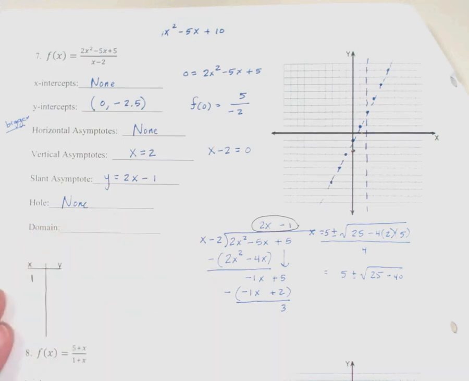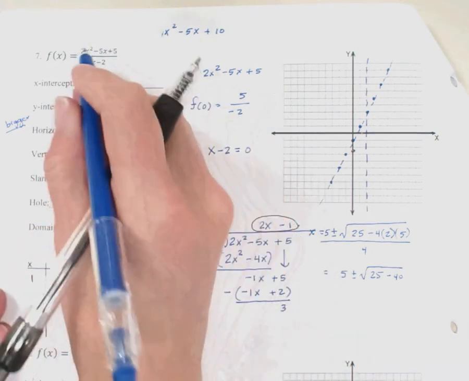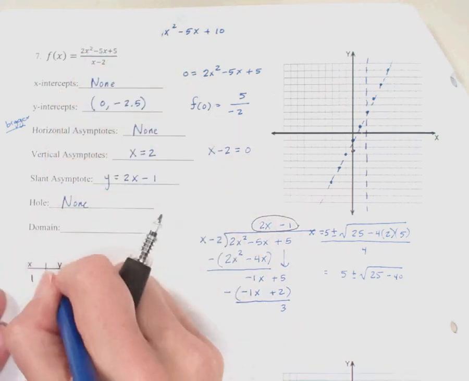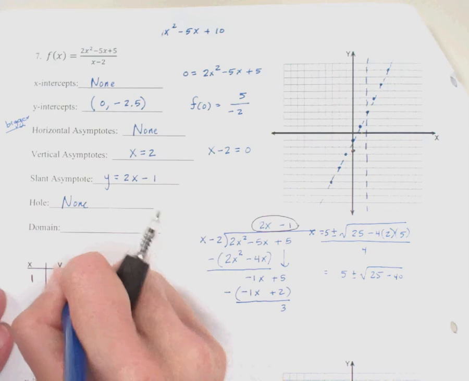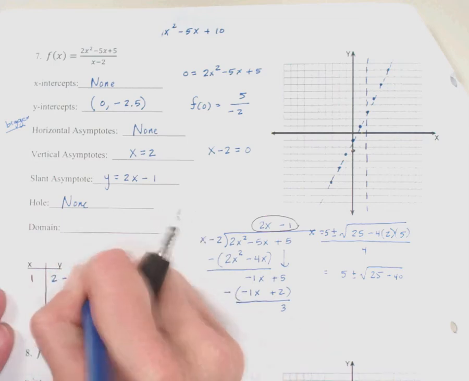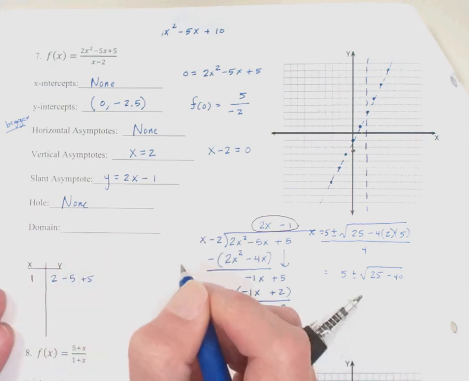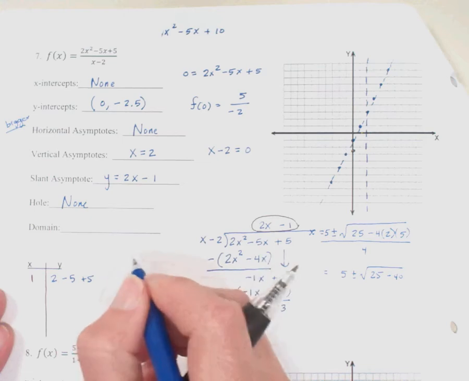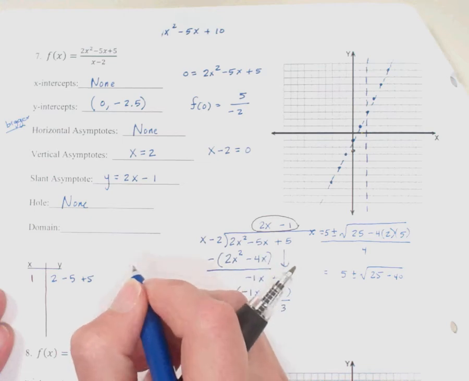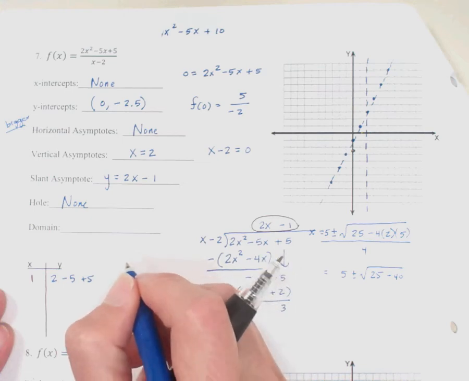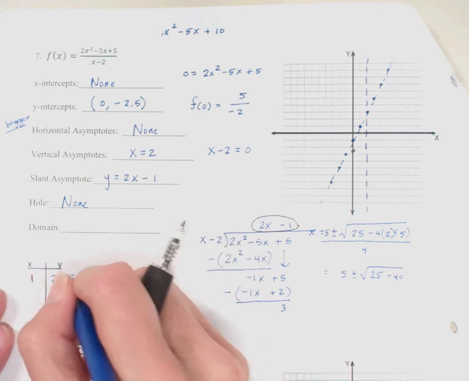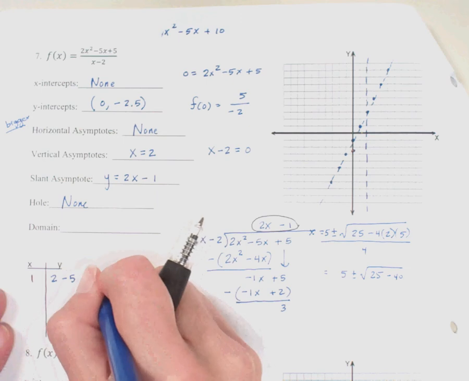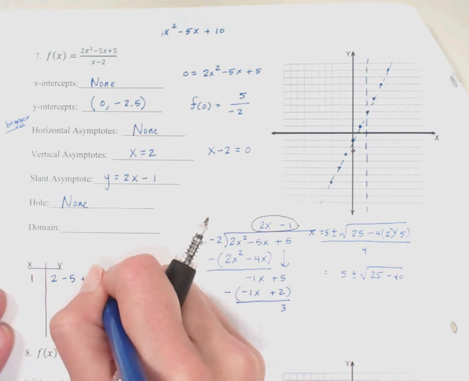Alright, so when x is 1, 1 squared times 2 is 2. Negative 5 times 1 is negative 5, plus 5. So it looks like I have a point at 2 minus 5 is negative 3, plus 5 is 2.